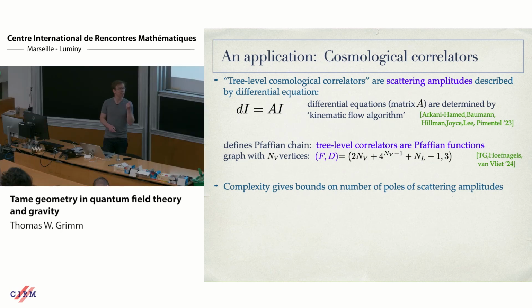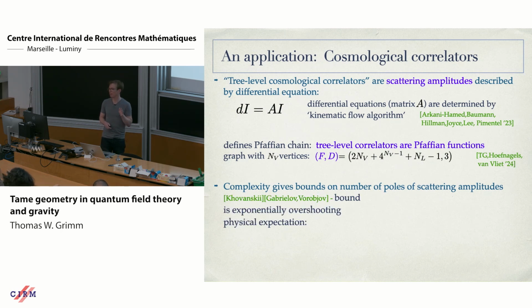I can take these numbers, plug them into the bounds, and evaluate the upper bound on the number of poles, and what you find is really, really bad. So actually, the bound is exponentially overshooting the physical expectation, crazily overshooting the physical expectations.